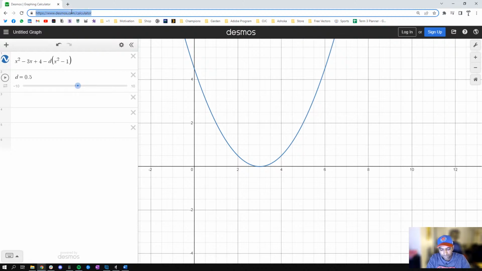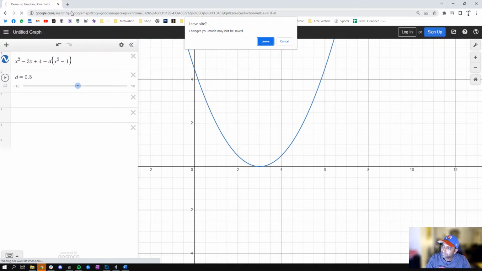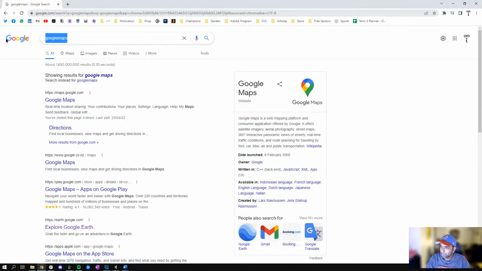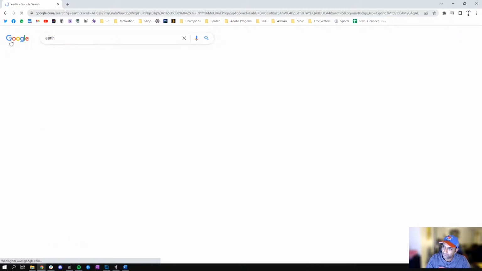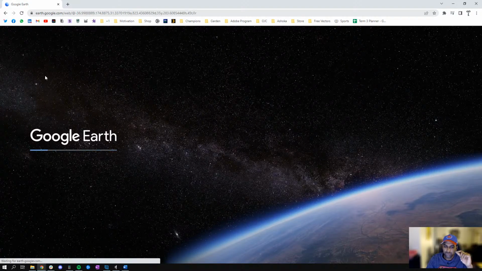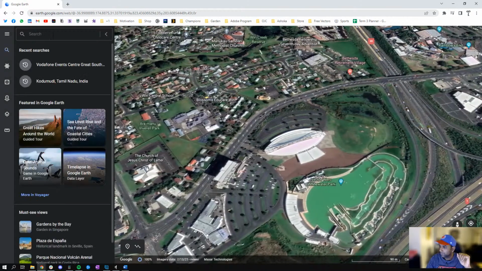This is how far I am from home. Not Google Maps. Google Earth. I wonder if this will actually work. I've always wanted to try it, like, how is it on a stream? Let's go.